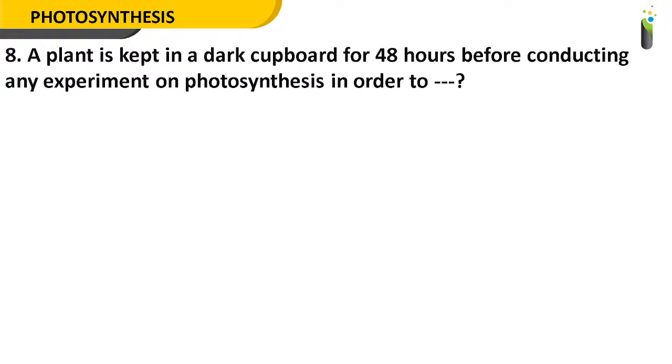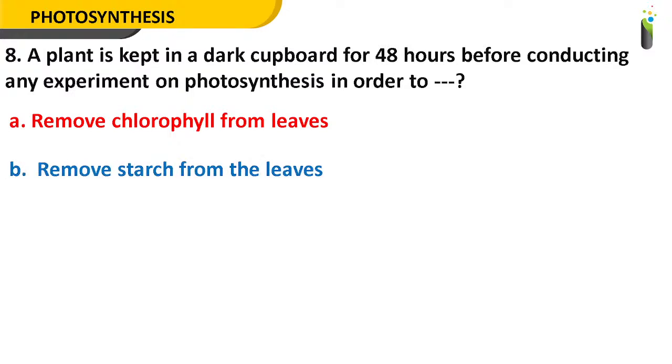Coming to the next question, number 8. A plant is kept in a dark cupboard for 48 hours before conducting any experiment on photosynthesis in order to dash. A. Remove chlorophyll from the leaves. B. Remove starch from the leaves.